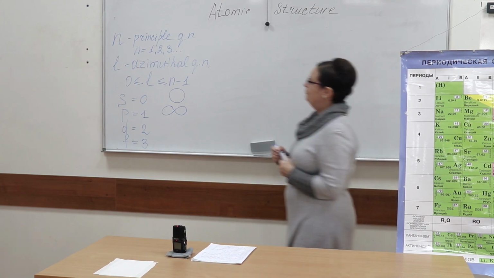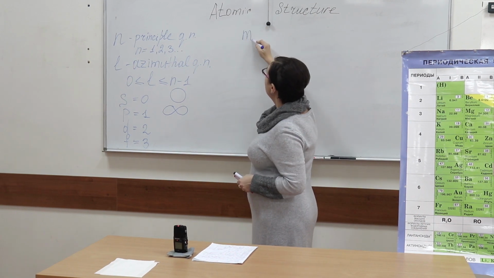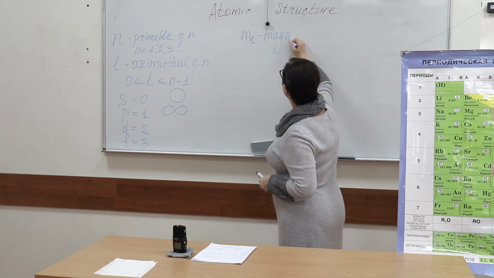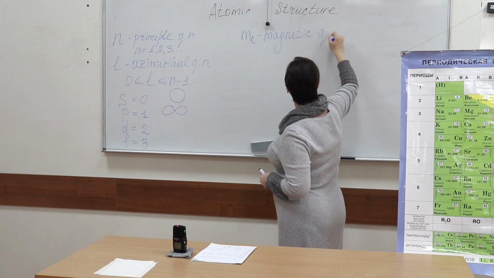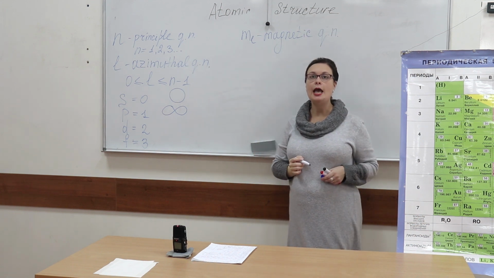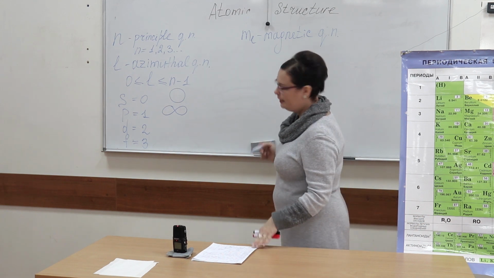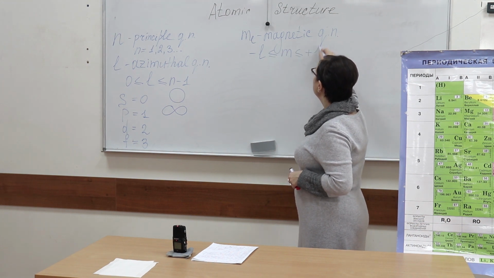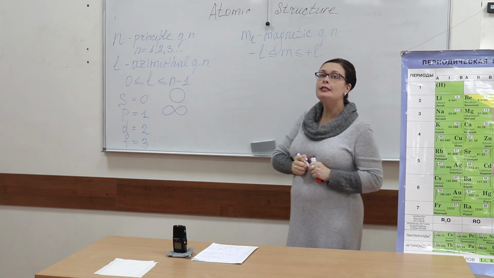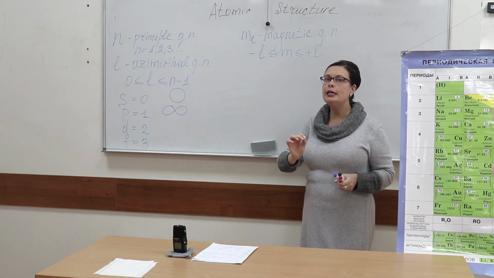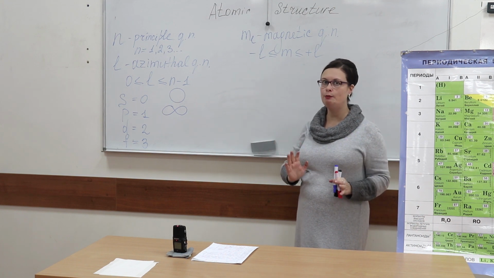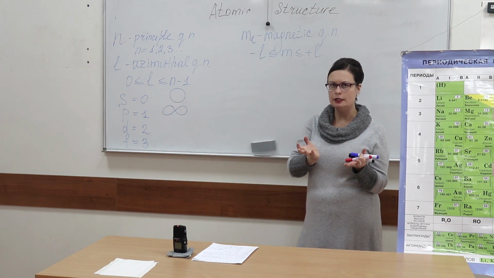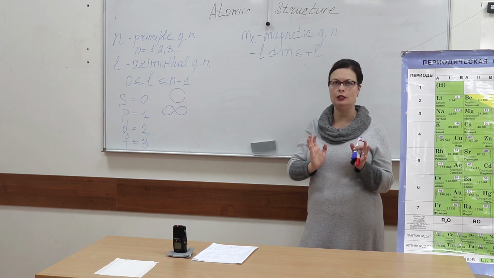The next, ml, the magnetic quantum number. The magnetic quantum number can take values from -l to +l. And the magnetic quantum number shows the orientation of the subshell in space. For the s orbital, only one orientation can exist, because the sphere is very symmetrical.